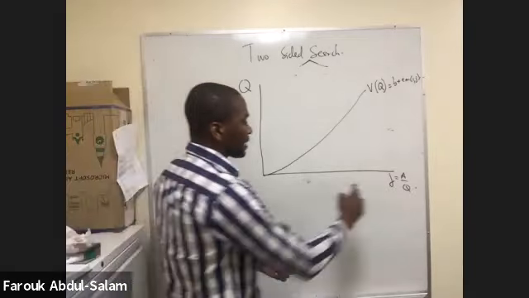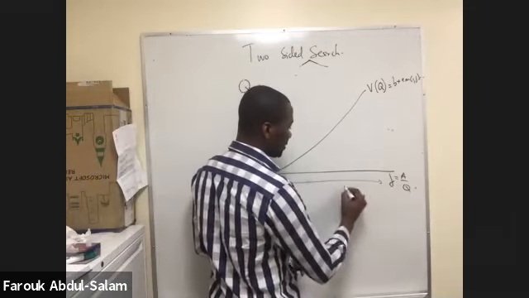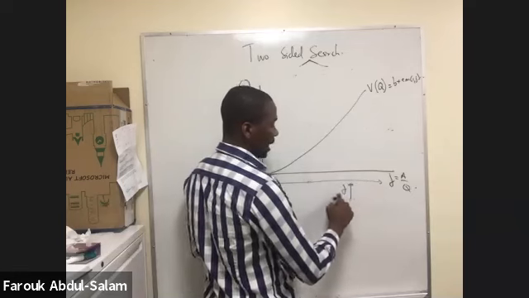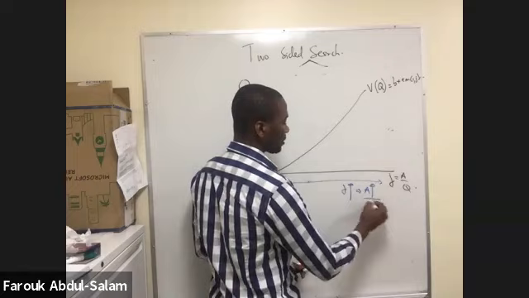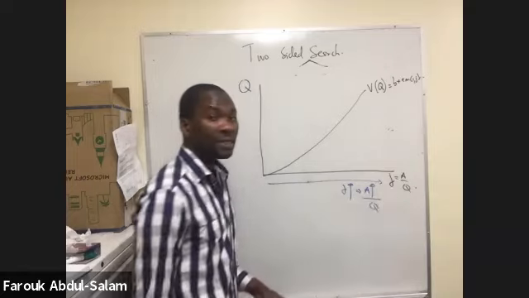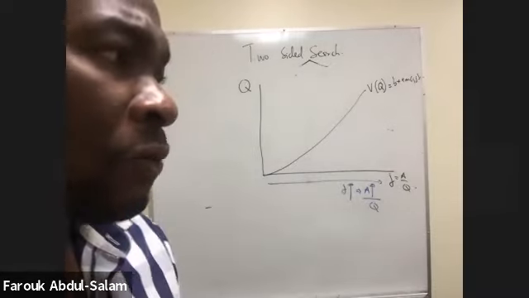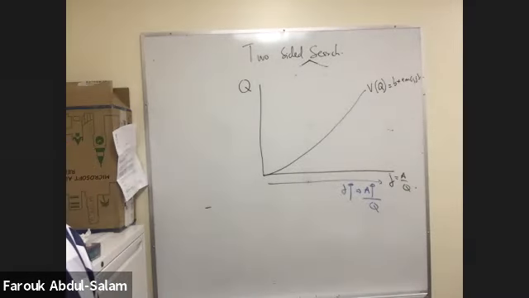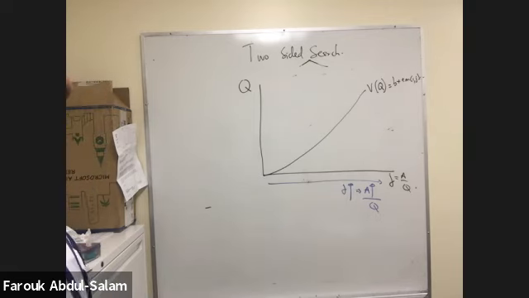The whole idea here is that as the market tightness increases, moving from here to here, it means J is increasing. As J is increasing, the implication is that A is increasing. And when A is increasing, it means that more and more firms are looking for people. So if you live in a situation where more and more firms are looking for people, the expected value of you getting a job is very high.